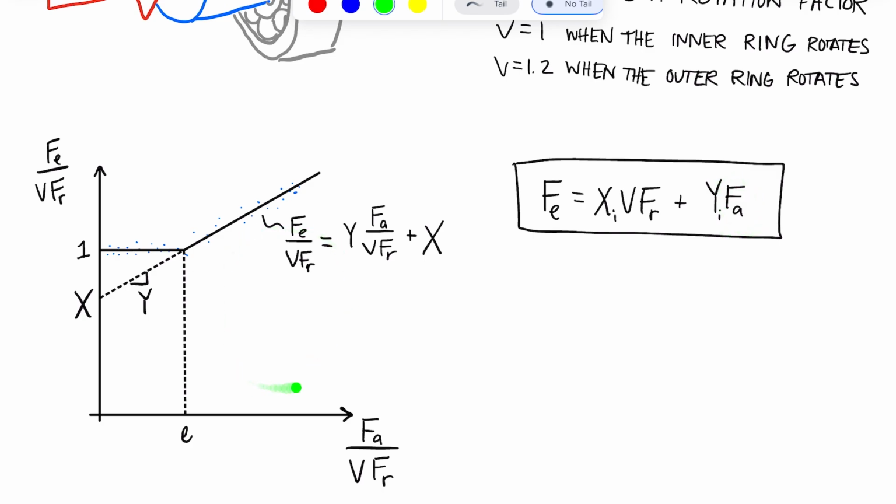And then when we're on this side of the line, we'll have different values for X and Y that correspond to the y-intercept and the slope. So let's write that out mathematically.